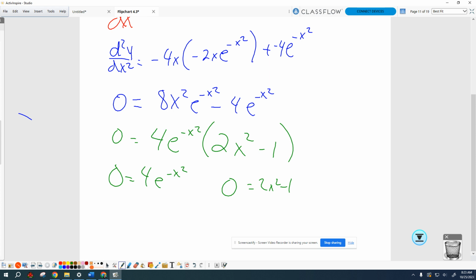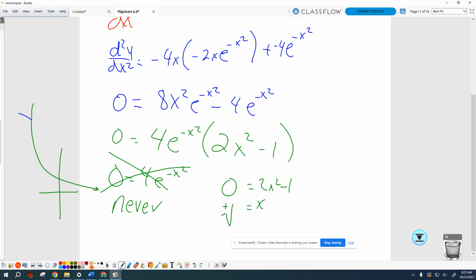Right? When does this equal 0? It doesn't. That graph is gonna look like this. It's an exponential derivative. Never, ever, ever 0. This one, okay, plus or minus root 1/2.